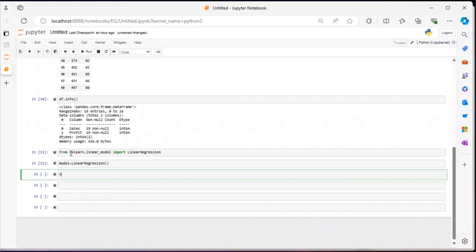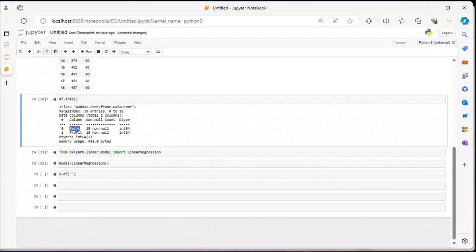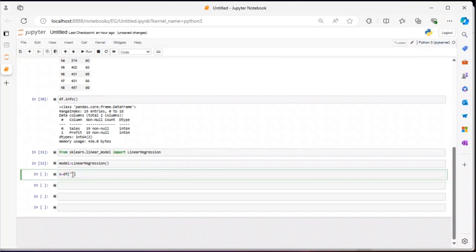Now let us fit that immediately. We need x and y separately, right? Because x and y should fit in the equation y equal to mx plus c. Let us take those values separately. What is x equal to? df of sales, right? Let us take sales, dot values.